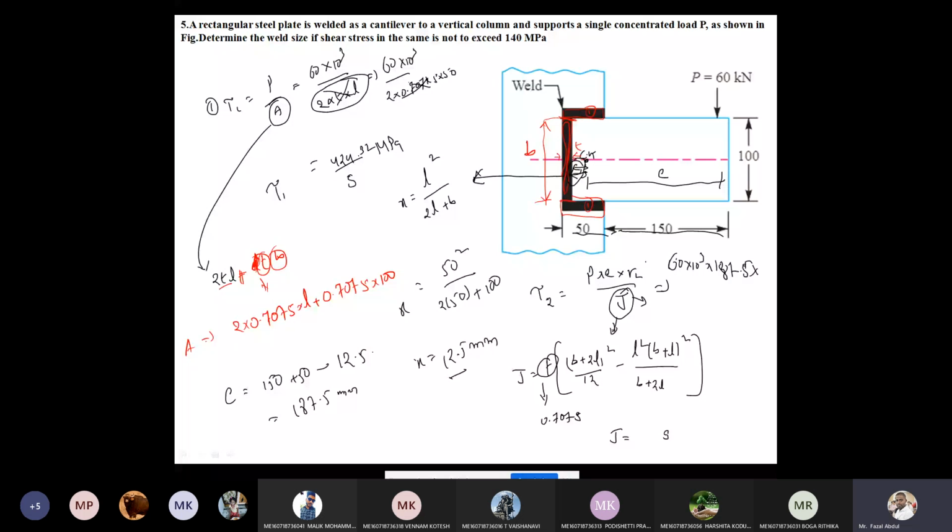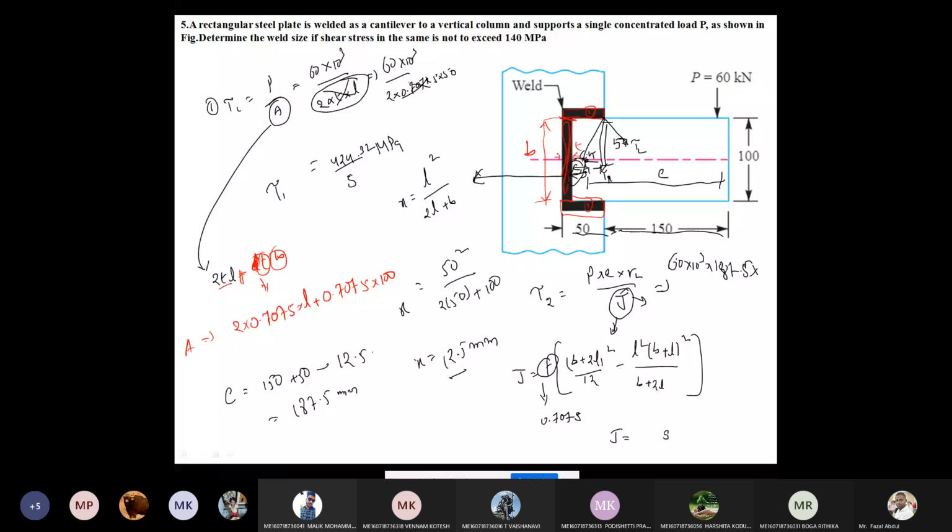R2 value, how much? Suppose consider this is the one point and this is the primary shear stress acting vertically downward, and this is the secondary shear stress rotating clockwise around the center of gravity. Now from here to here the distance is 50.